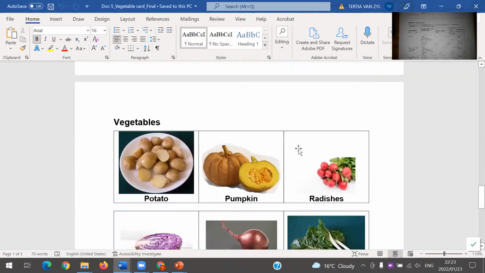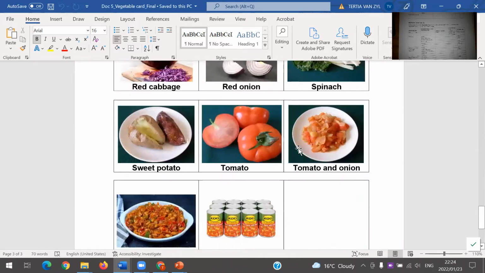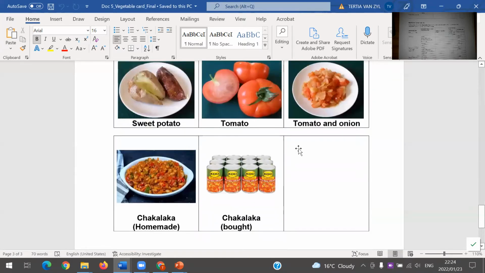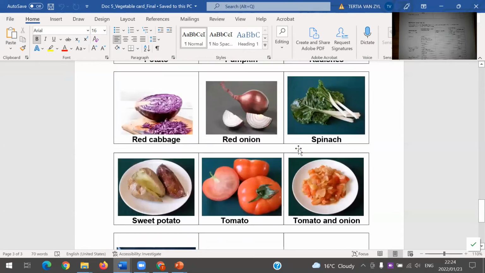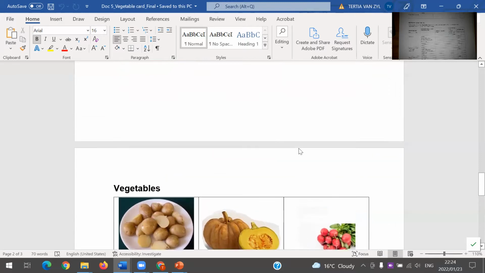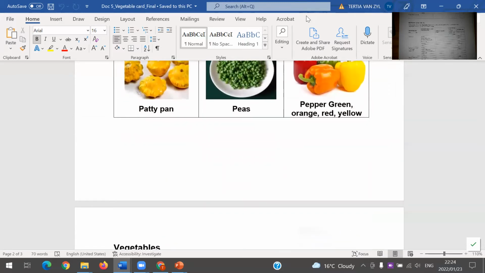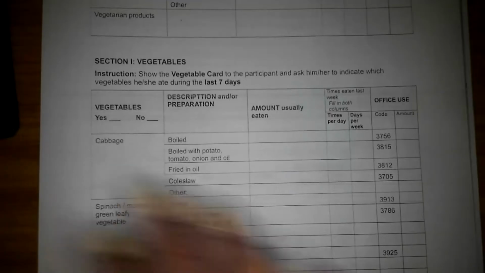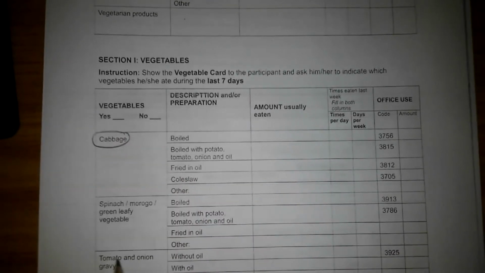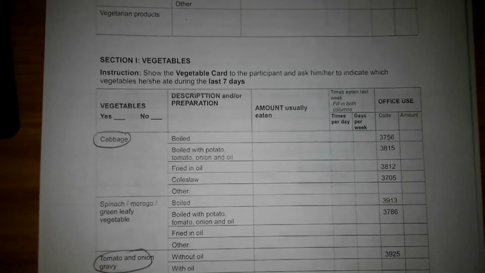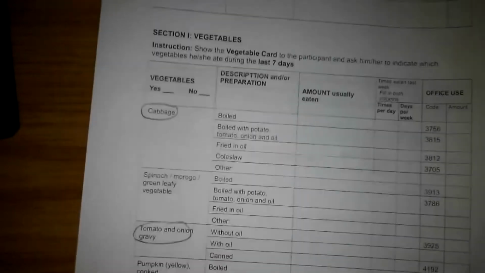Then you can quickly identify what foods were consumed, and you can just circle if they had cabbage or tomato and onion gravy that they've identified.